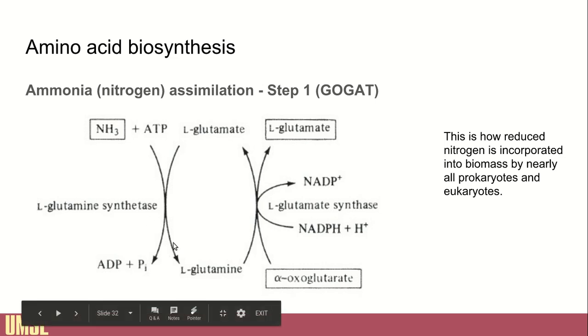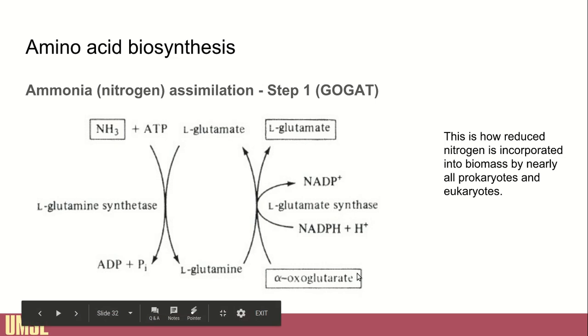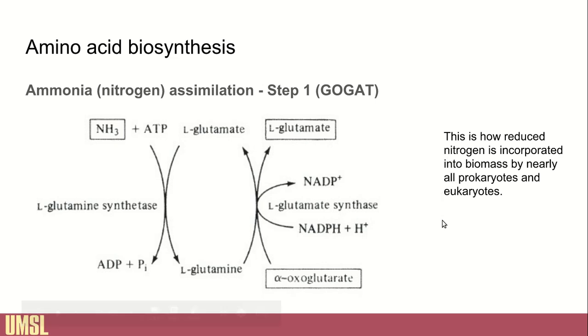ATP is spent to put ammonia onto glutamate to make glutamine. Glutamine is then an amine donor to alpha-ketoglutarate that will produce a glutamate. Okay, and this requires the expense of NADPH. And so this is how reduced nitrogen is incorporated into biomass by nearly all prokaryotes and eukaryotes.